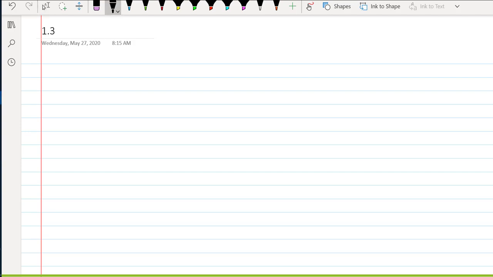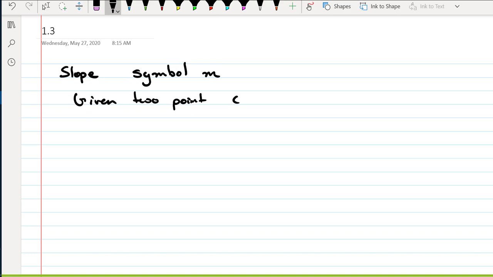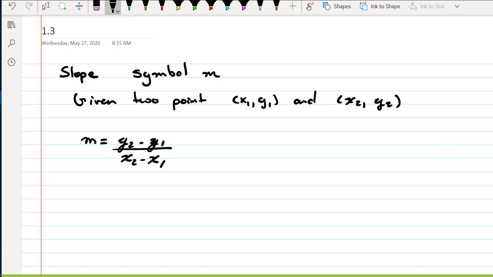So in 1.3, we're going to start off by talking about slope. Slope is given the symbol lowercase m, and given 2 points, x1 and y1 and x2 and y2, our slope m is given by y2 minus y1 all over x2 minus x1.